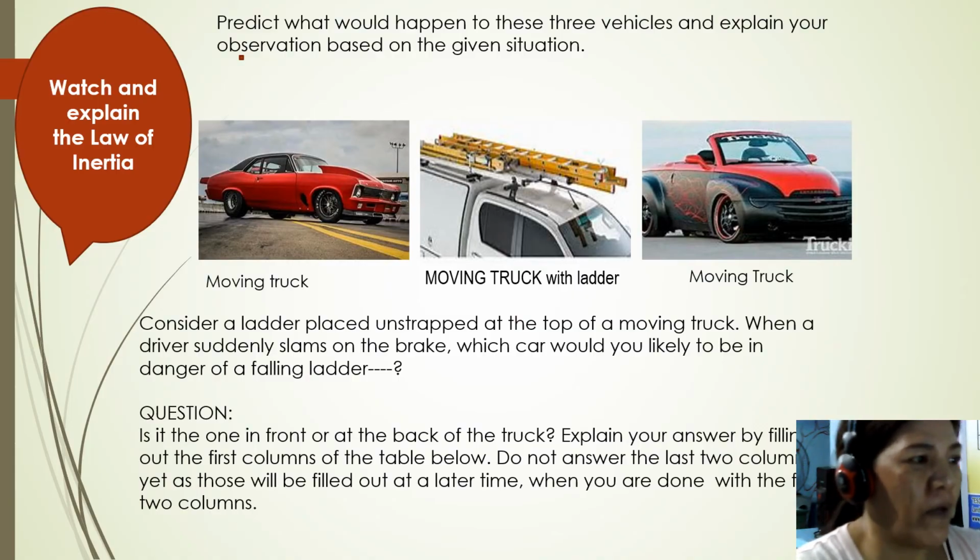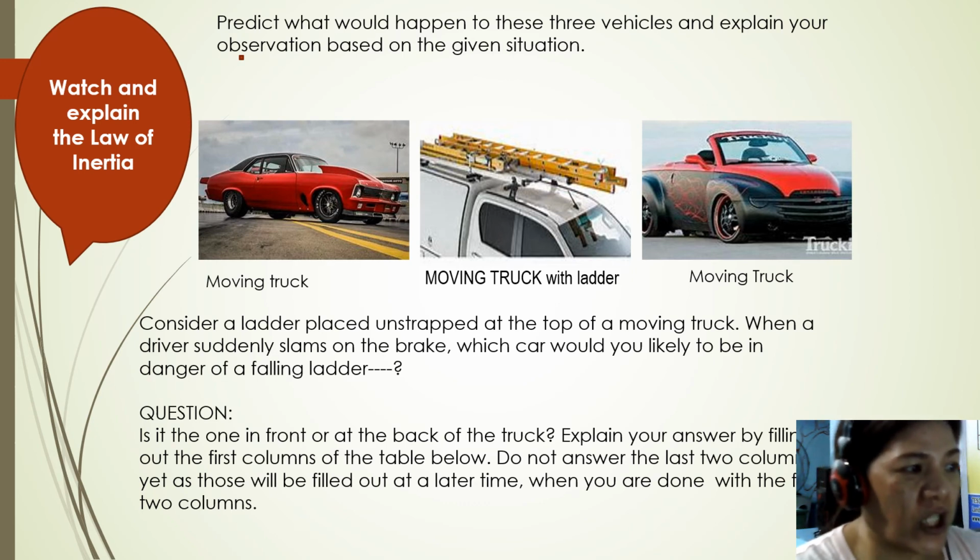Okay, now try to look at these pictures. What you have to do is predict what would happen to these 3 vehicles and explain your observation based on the given situation. The situation goes like this.